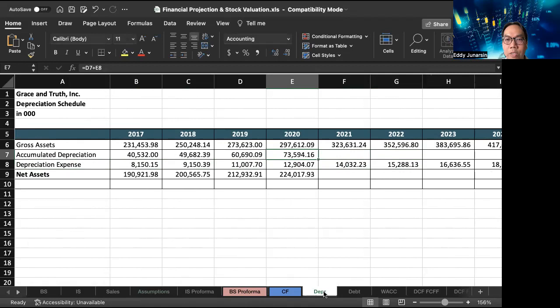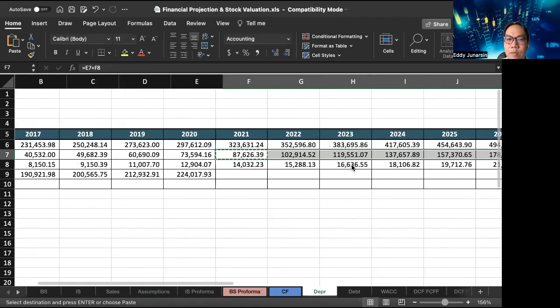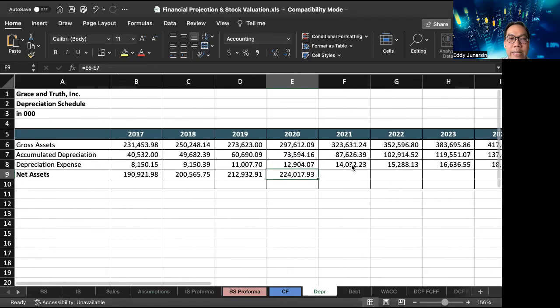Okay. So accumulated depreciation is essentially the accumulated depreciation from the preceding period plus the depreciation expense in that particular year. So cumulative depreciation from the previous year plus depreciation expense in that year. Okay, same pattern. And next, net assets.